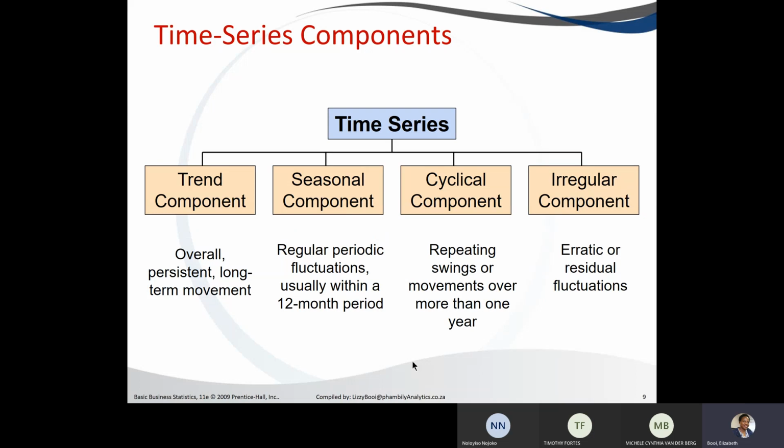So with a seasonal component, it means there are regular fluctuations, but they happen at a certain period. So if I'm tracking this on a yearly basis, let's say for 12 months, and let's say I sell winter clothes or warm clothes.